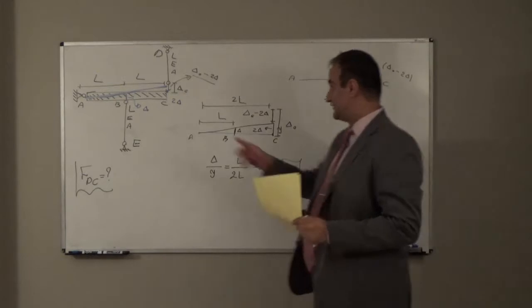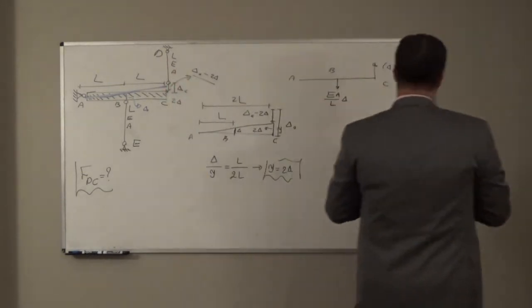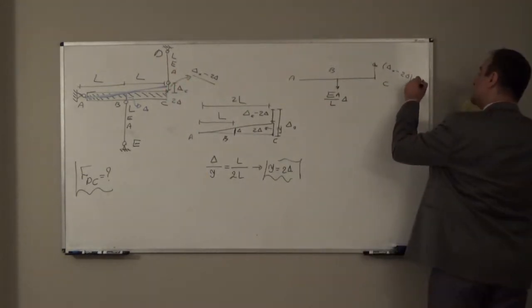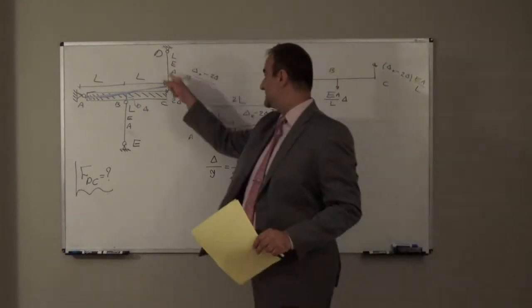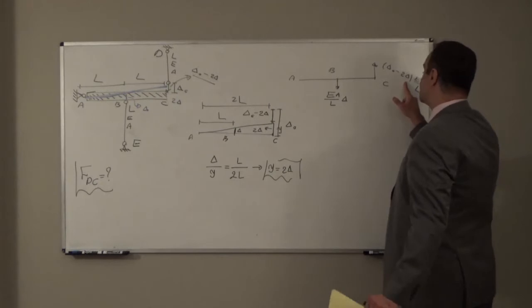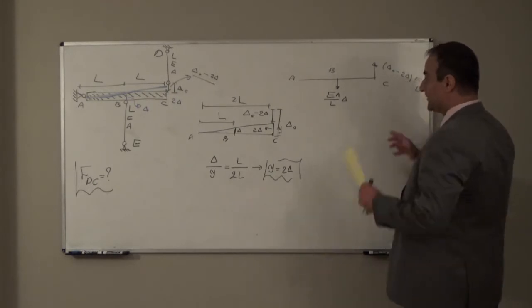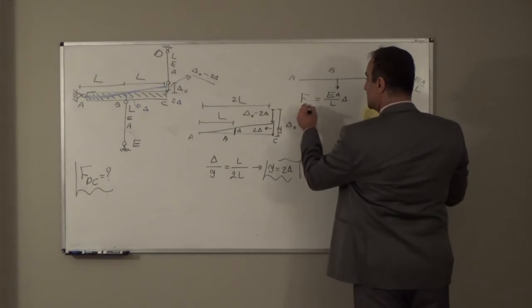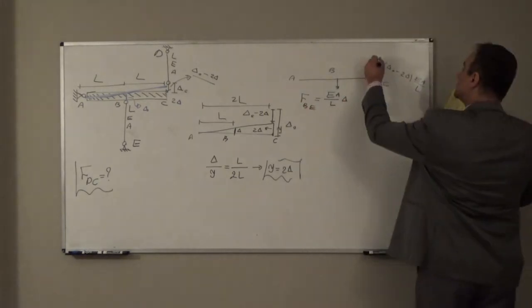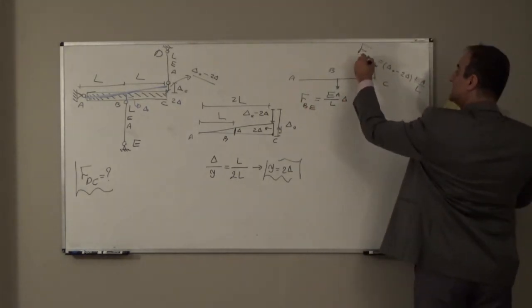Internal force in this member will be stiffness of that member, EA over L, times deformation of this member, which is delta naught minus 2 delta. So this is force BE, this is force DC.